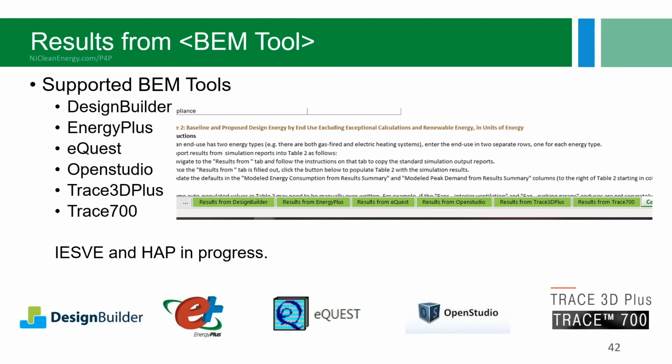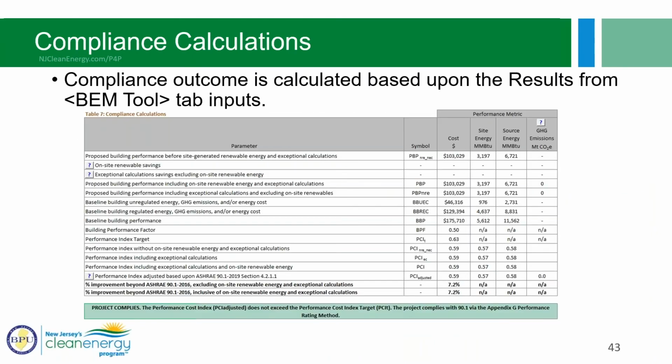So the supported tools are listed on this tab, but the vendors for the different tools were consulted and they were worked with in order to develop tabs so that the common output reports could be copy and pasted into the compliance form and basically essentially importing the modeling results into the compliance form. So then that results from eQuest or Trace or Energy Plus, whatever tool you're using, when you've copy and pasted those reports onto the results from tab, the compliance calculations tab will calculate your performance.